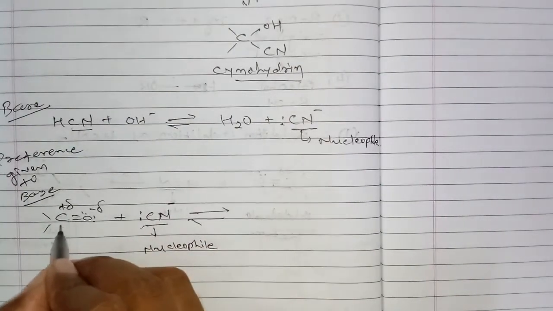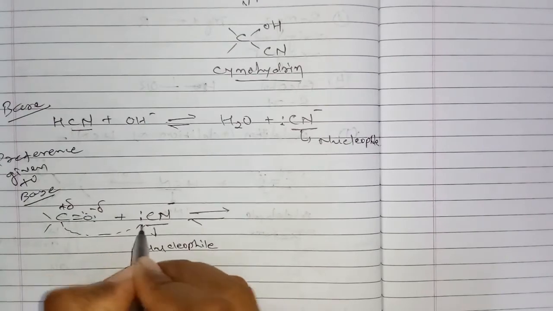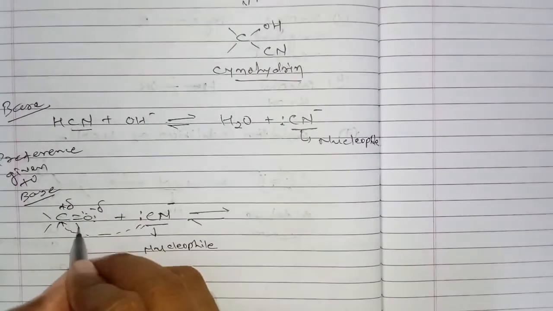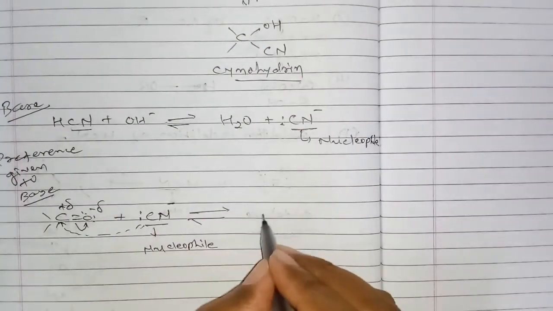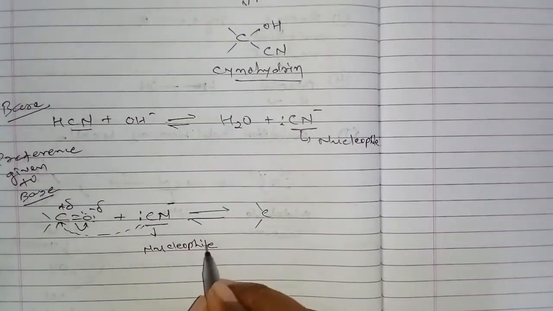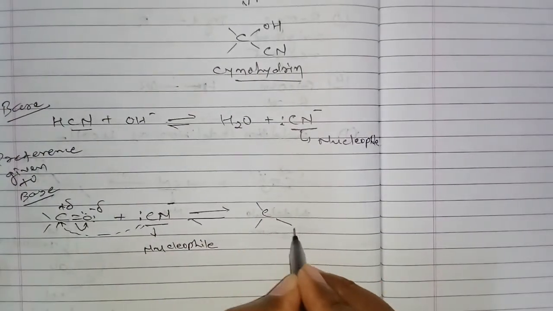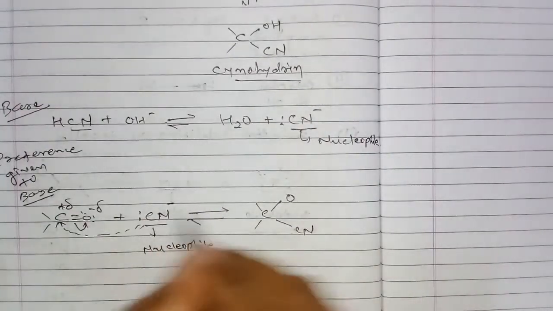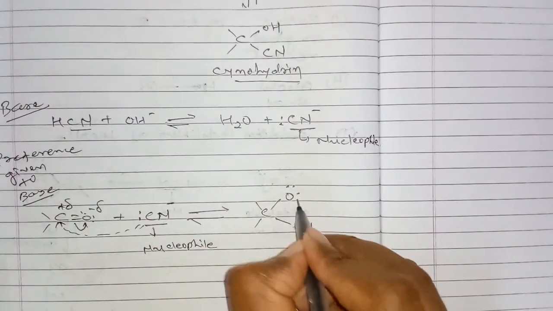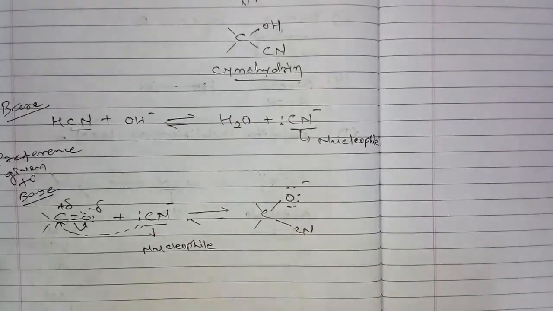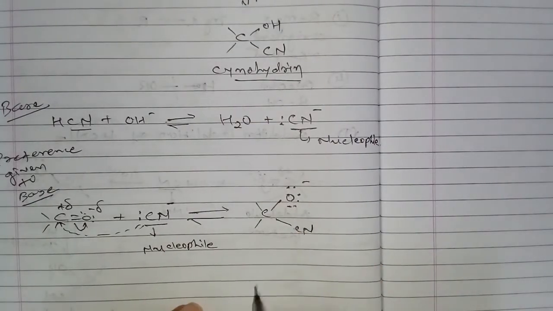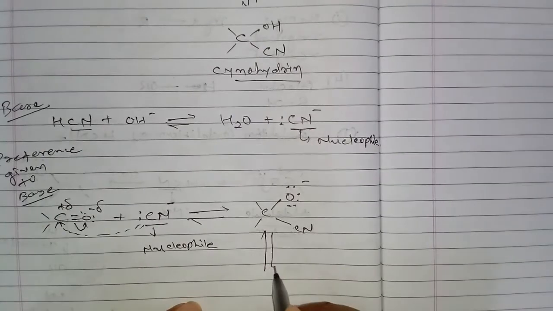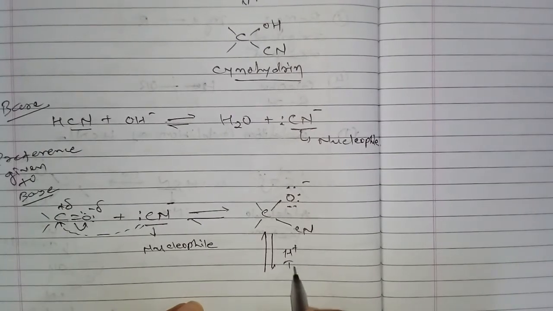This nucleophile will attack on the carbon. This oxygen has 3 lone pairs of electrons and a negative charge, then H plus transfer.